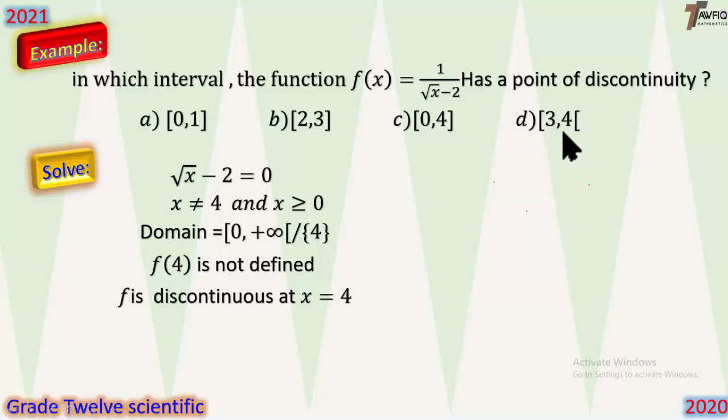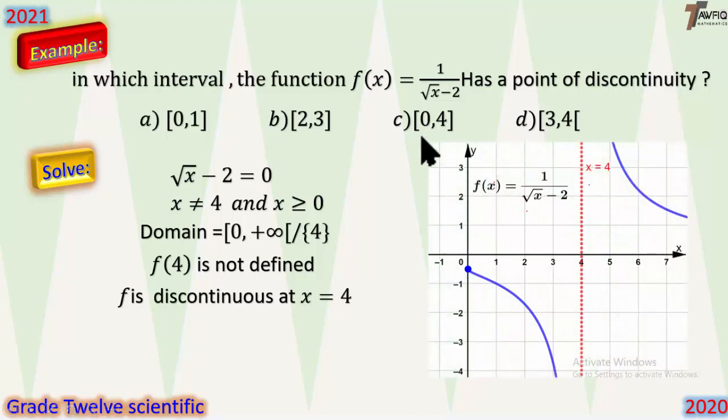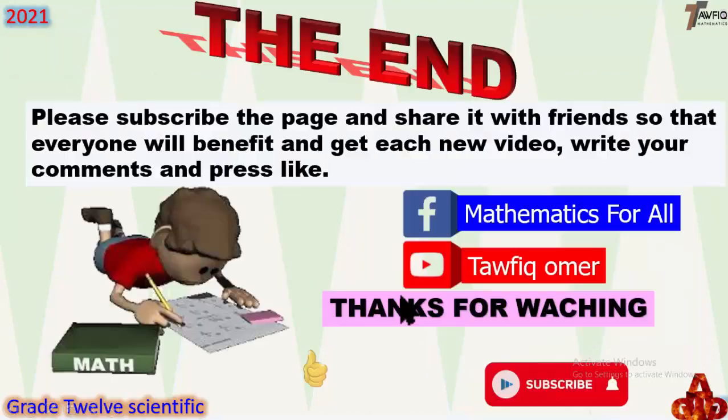That means the function here is continuous. But here 4 is in the interval, therefore this is the correct answer. And if we draw the graph of the function, it is like this, as you can see, the function is not continuous at x equal to 4.